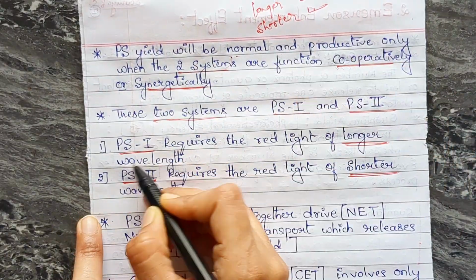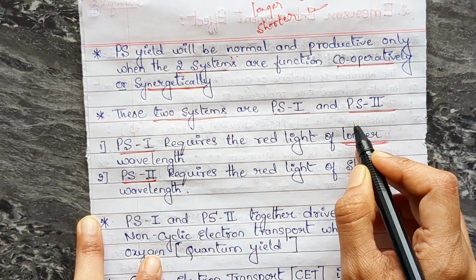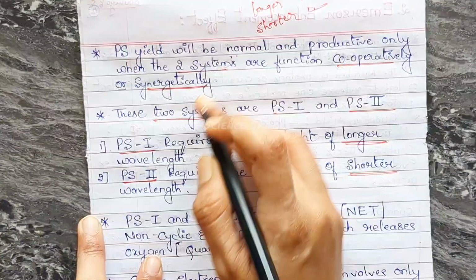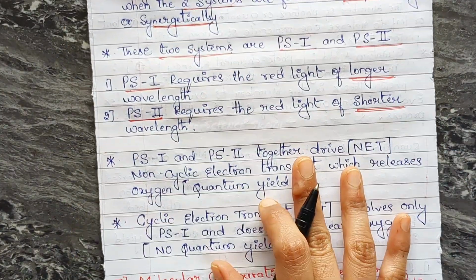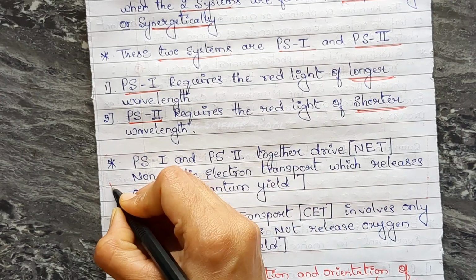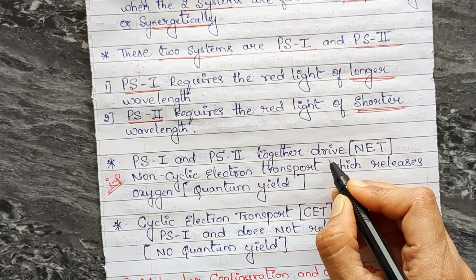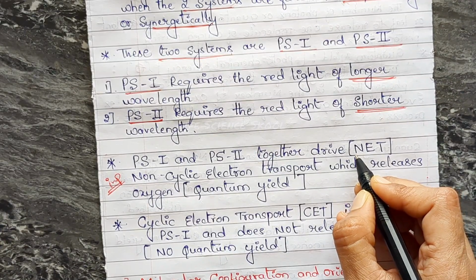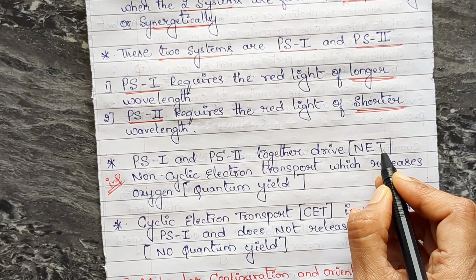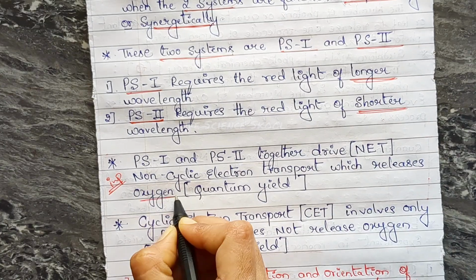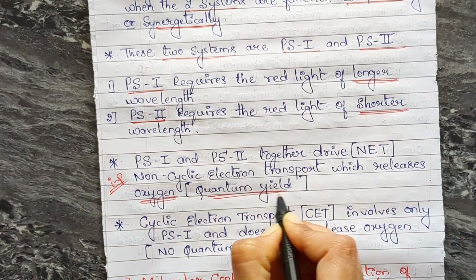So photosystem 1 has the red light of longer wavelength, and photosystem 2 has the red light of shorter wavelength. Important here, photosystem 1 and 2 together drive non-cyclic electron transport, which releases oxygen and gives the quantum yield.